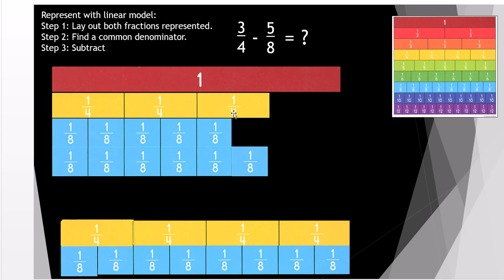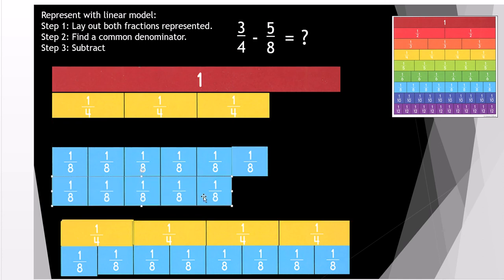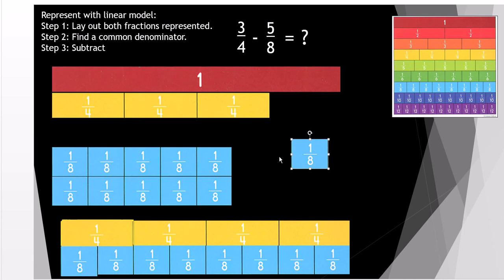So 1, 2, 3, 4, 5, 6, 6/8 minus 1, 2, 3, 4, 5, 5/8 equals 1/8. That would be our answer. Our answer would be 1/8.